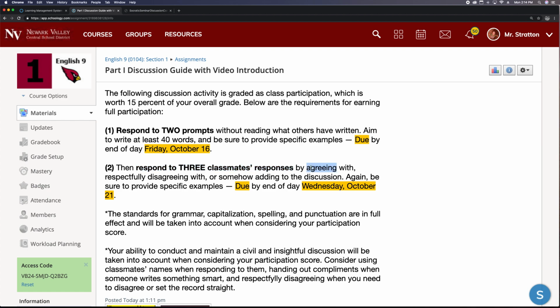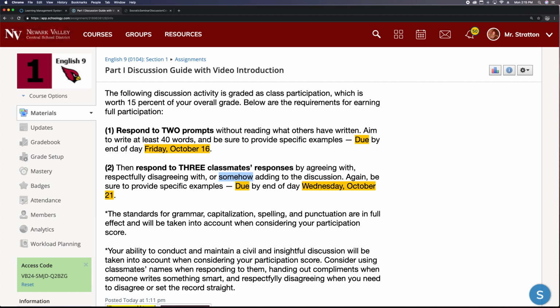You can agree with what they wrote. You can respectfully disagree with what they wrote. Or you might even be able to just somehow add to the discussion that they began with more specific examples. And that'll be due on the 21st.